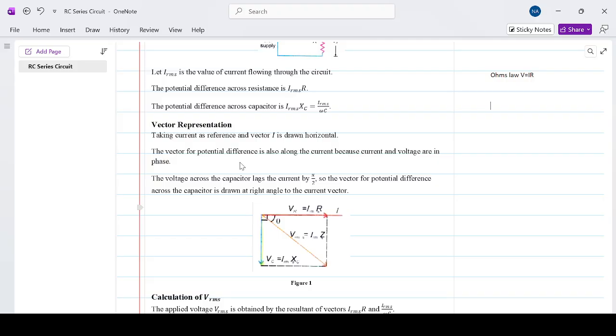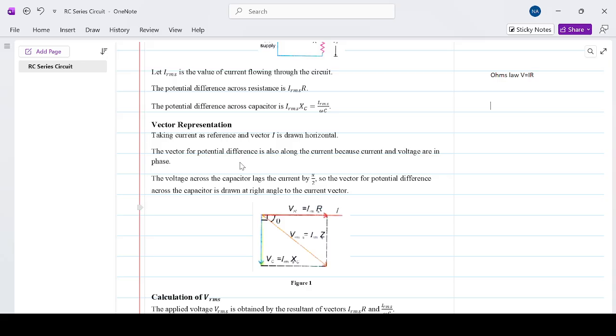This means that whenever we have one or two or more alternating quantities and we want to represent their vectors, then one of them must be drawn horizontal at the time when its value is 0, and then the vectors of all other quantities will be drawn with reference to this initial physical quantity.